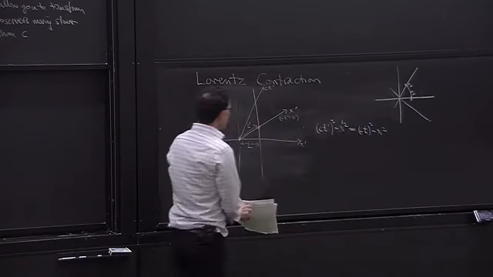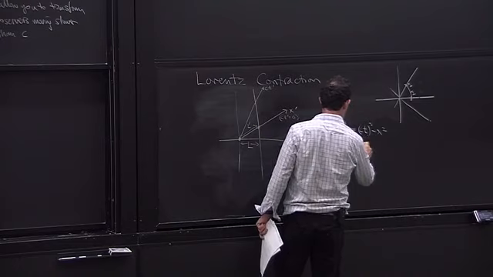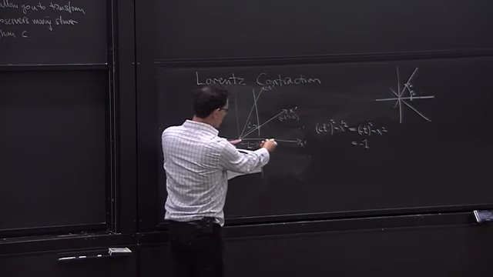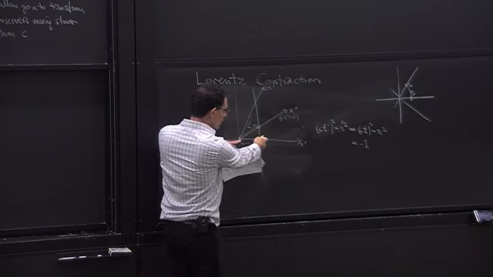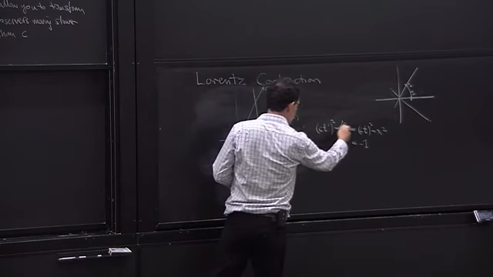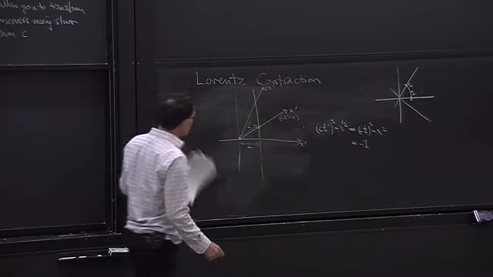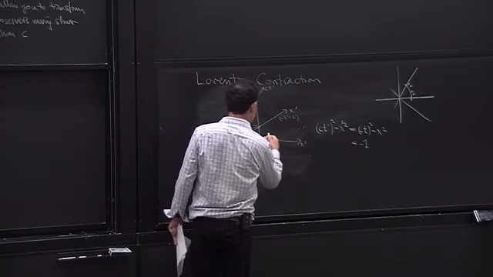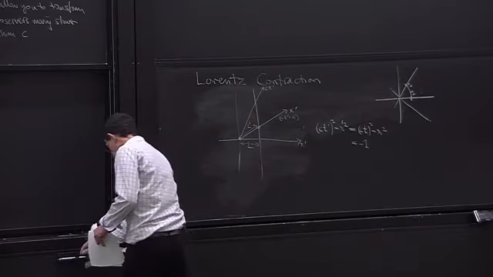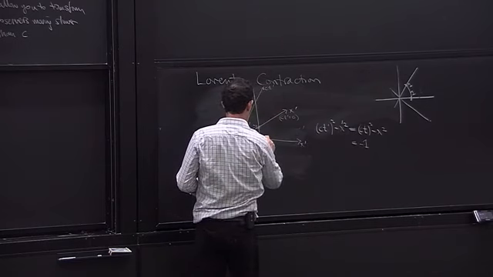Okay? So if this quantity is some constant, let's say minus 1, so if I consider in this coordinate system O, CT equals 0, X equals 1, then in the prime coordinate system, it's related to this combination. That's the invariant. And this quantity being a constant is just a hyperbola.